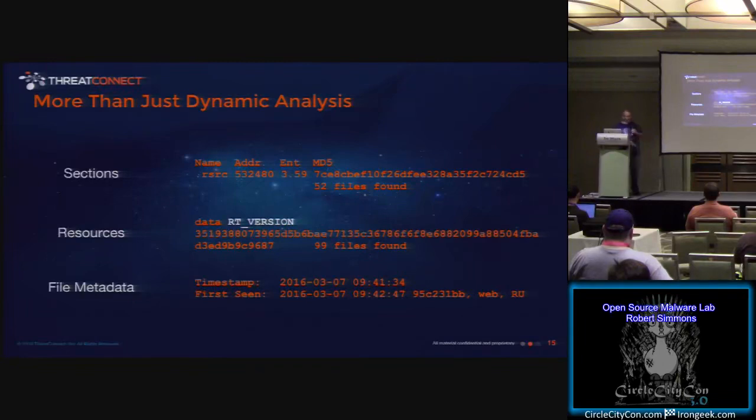But at least I can see that taking the SHA-256 of this particular resource, I can then look again in a malware repository, and I find 99 other files that use this particular resource. And again, now I can compare the file I'm looking at to these additional 99 files. By the way, there's quite a lot of overlap between that 52 and 99. And so then again, if you have overlap between those two, you have a little bit higher certainty that these are related.